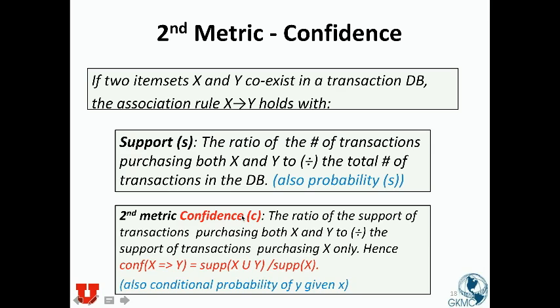Confidence is also defined for a rule X implies Y. The meaning of confidence for this rule is essentially the conditional probability that, given X already exists in the event, what is the chance that Y also exists in the event, such as a purchase in the transaction.